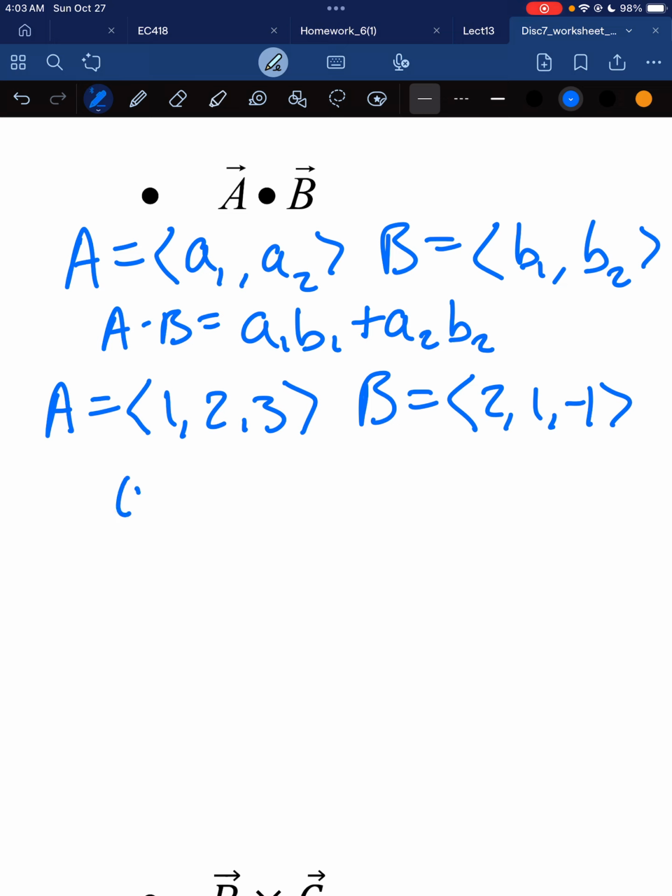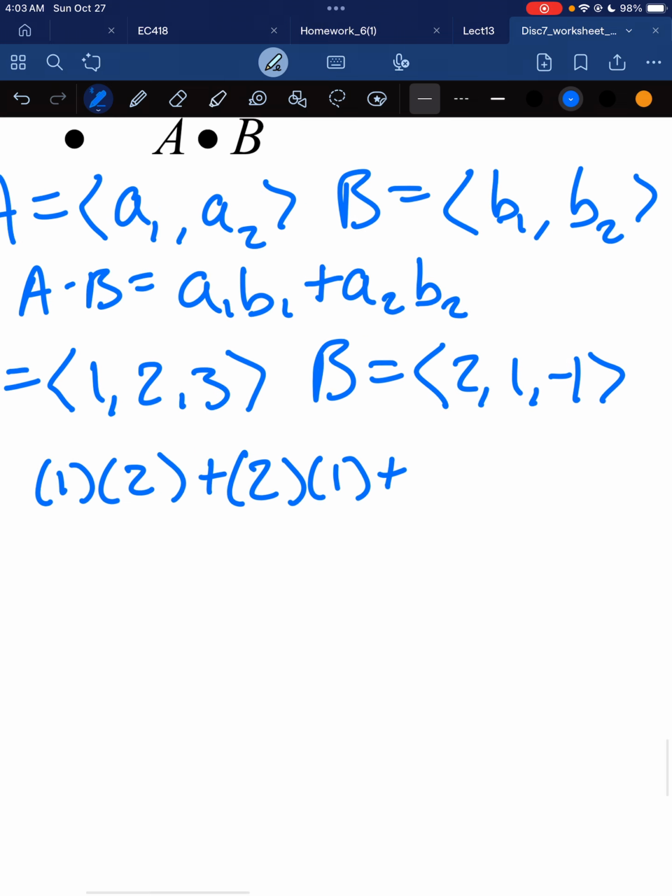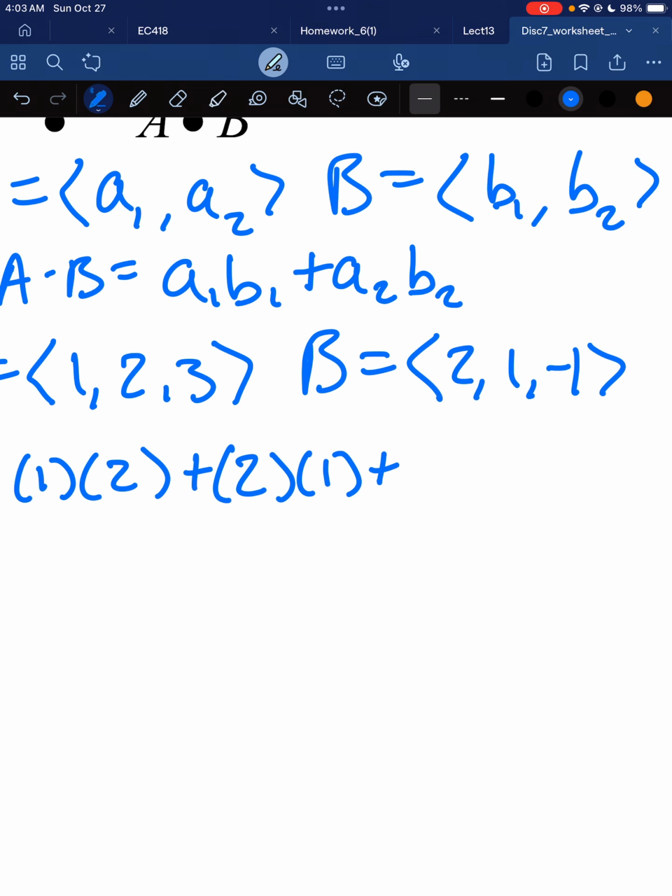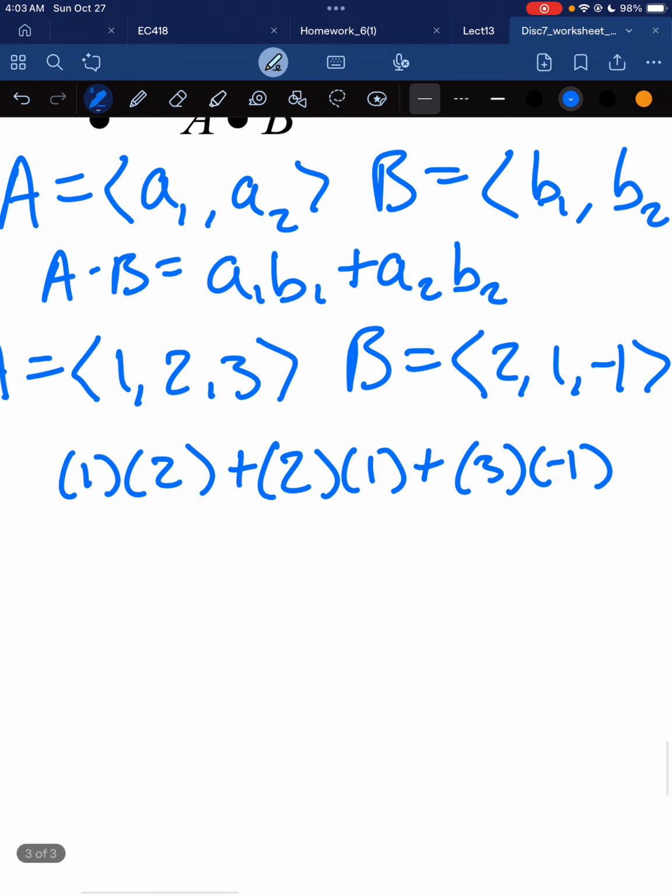So it's going to be 1 times 2 plus the product of the j components of these two vectors. So plus 2 times 1 plus the product of the k components of these vectors. So plus 3 times -1. And then this is just equal to 2 plus 2 minus 3. That's just 1.